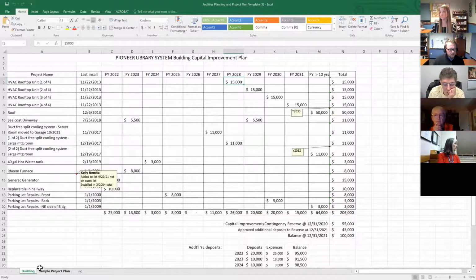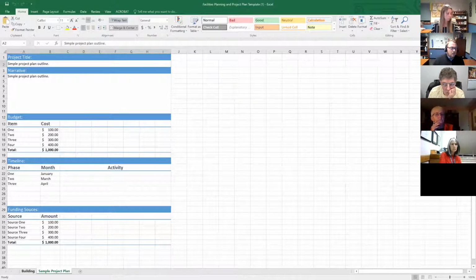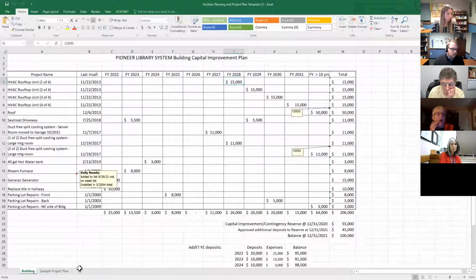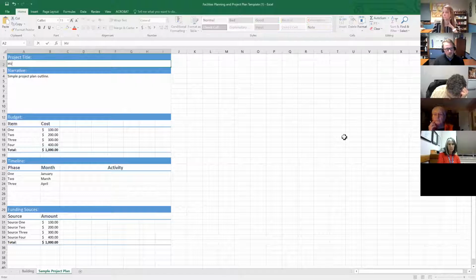If you look at the bottom of this facilities planning Excel sheet, I also put just a template for a simple project plan, because you may have maintenance stuff for HVAC units, but you can also have an individual project plan for each one if you want. So maybe this is going to be called the HVAC upgrade plan.